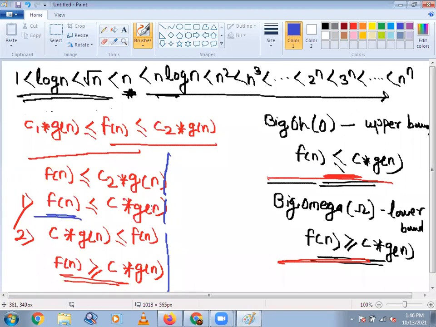I will write f of n here. What is this concept? C into g of n.